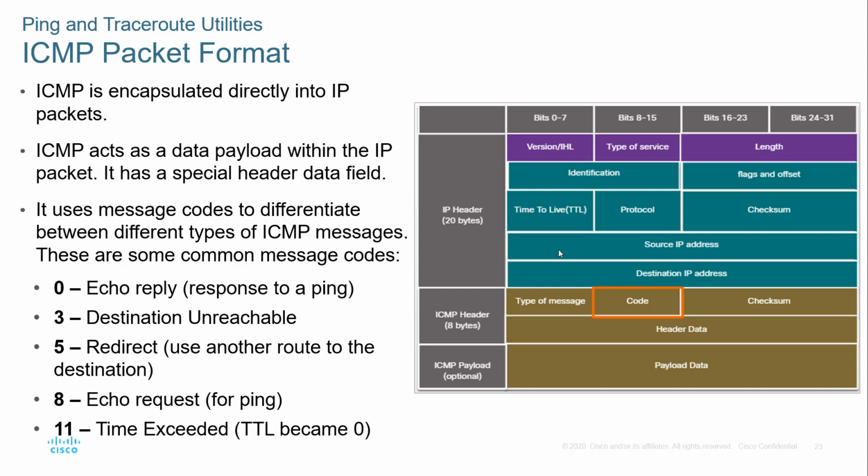Common codes are like an echo reply, a destination unreachable, a redirect, an echo request, or a TTL exceeded. Now again, this is for ICMPv4. You know that because looking at the source and destination address, those are 32-bit addresses. 32-bit addresses are tied to IPv4.